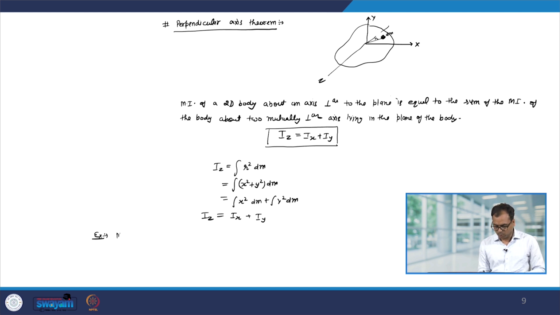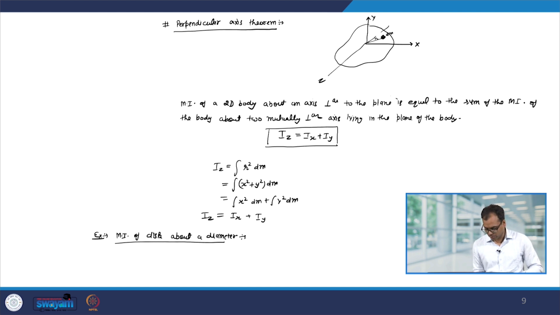So, let us look at the moment of inertia of a disc about a diameter. Okay. So, we have a disc, okay, and let us say this is x axis, this one is the y axis. Then the question is, what is the moment of inertia about the diameter? So, about let us say x axis. Okay.